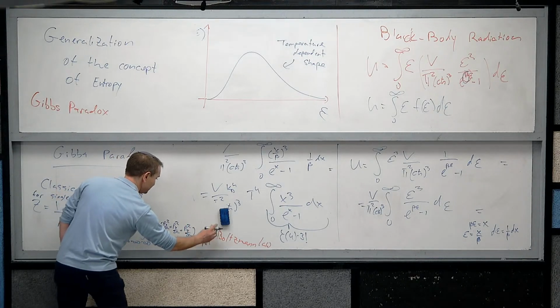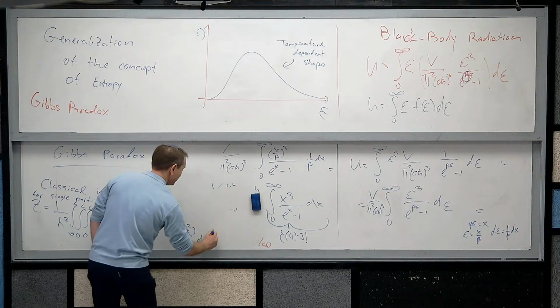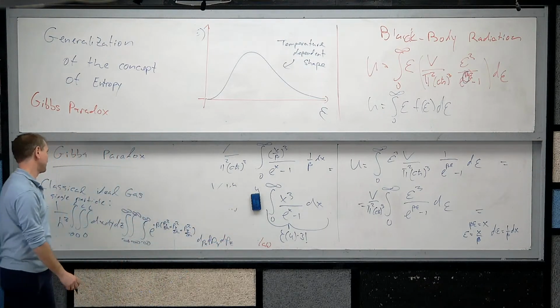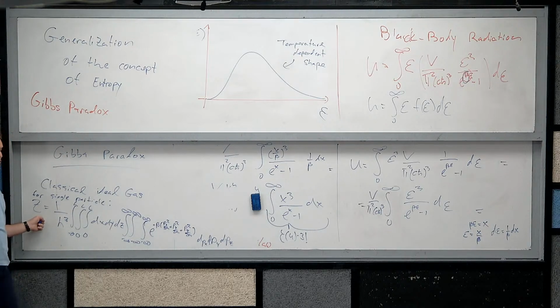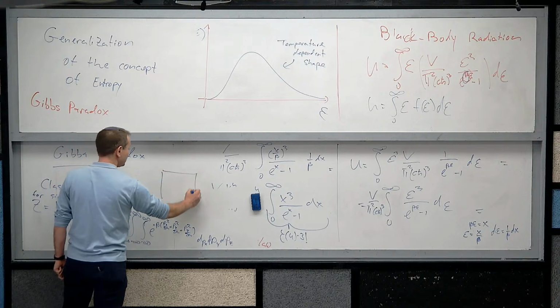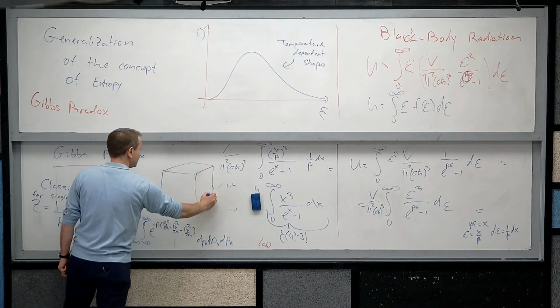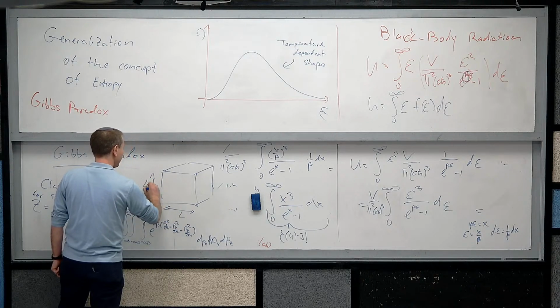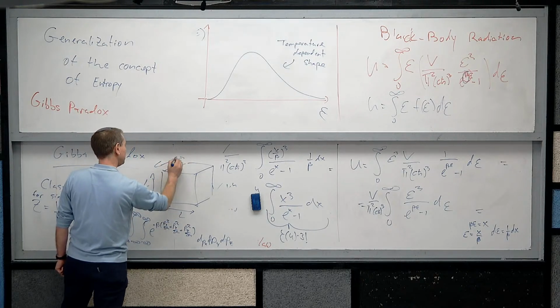So this is the partition function of a single particle that is sitting in a box. The dimension of the box is L by L by L.